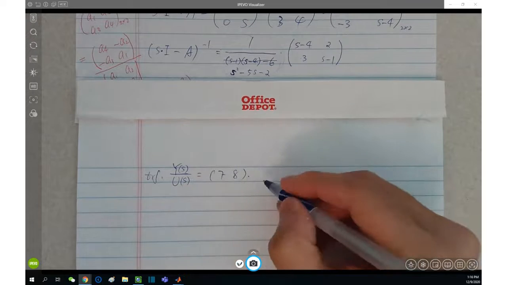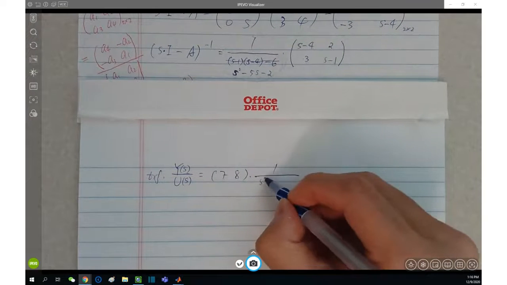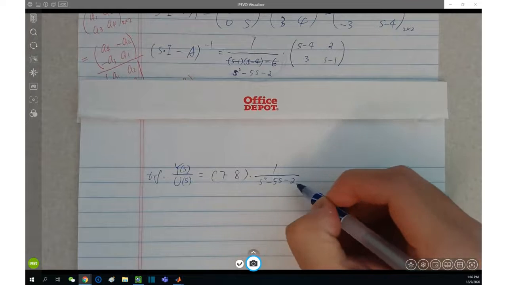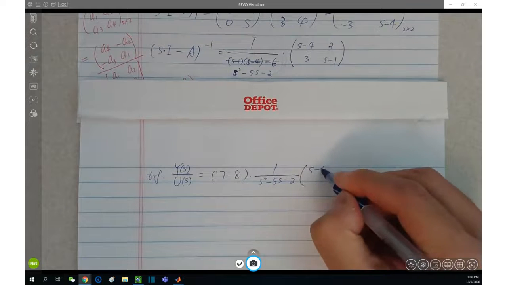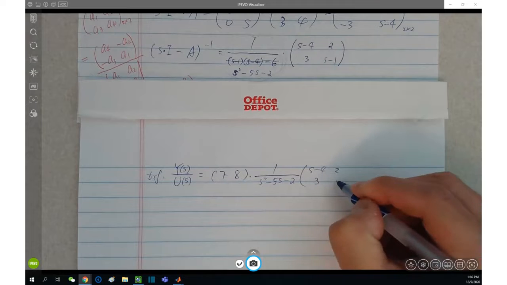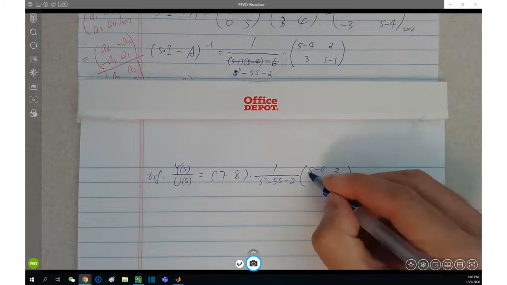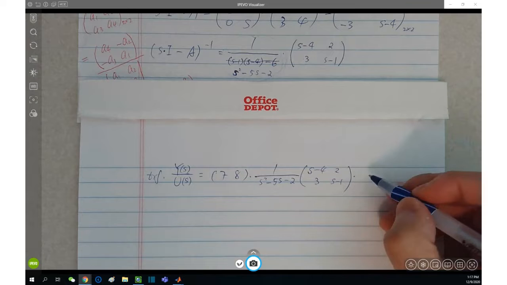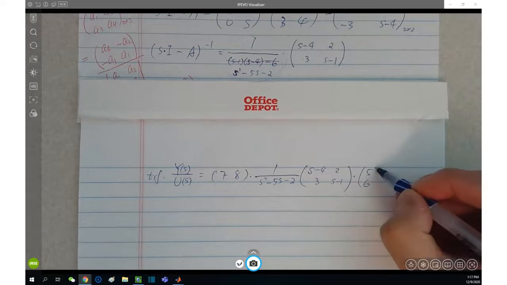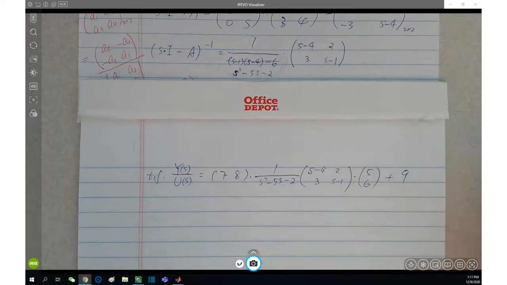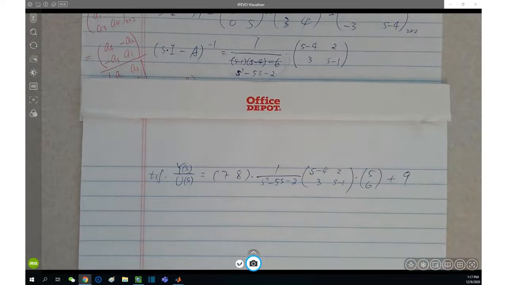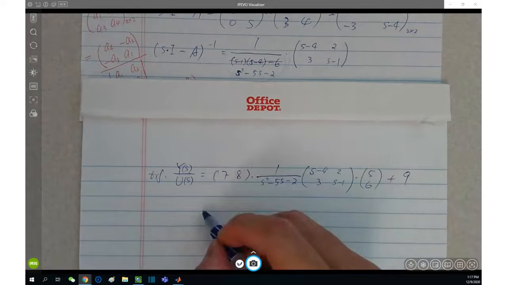Left times onto this inverse matrix, which is this. Right times B, 5 and 6, plus D, which is 9. Right? This is the equation. And then how do we do it?